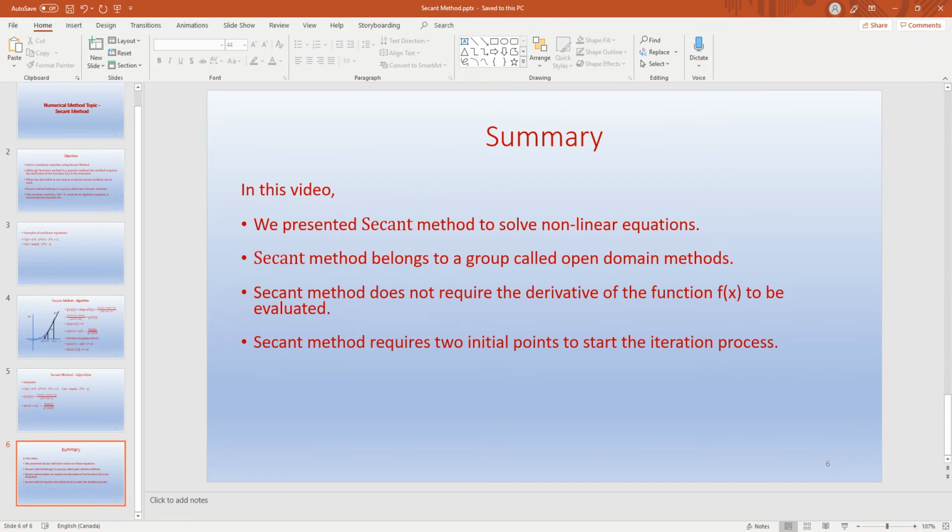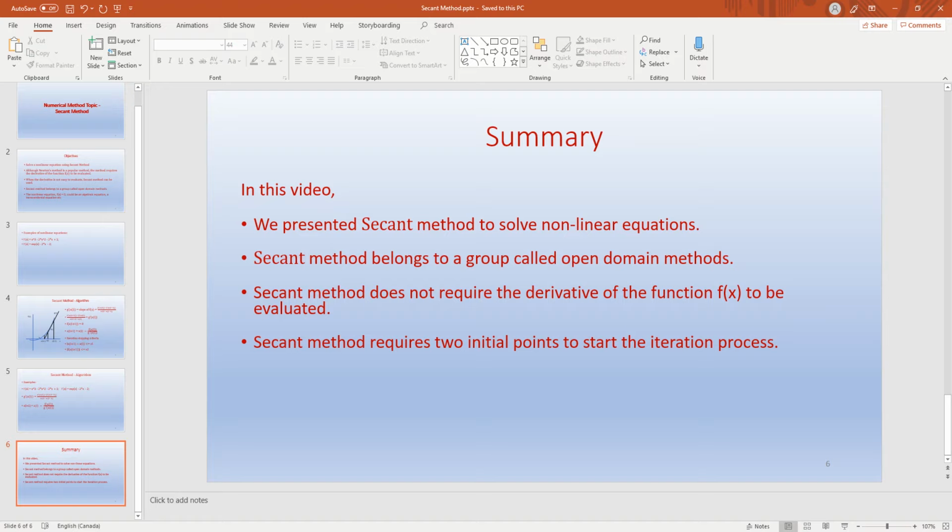To summarize, in this video we presented the secant method to solve nonlinear equations. Previously we have used other iterative methods, open domain methods such as fixed point iteration as well as the Newton-Raphson method.